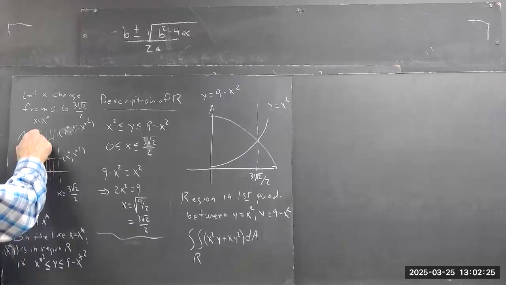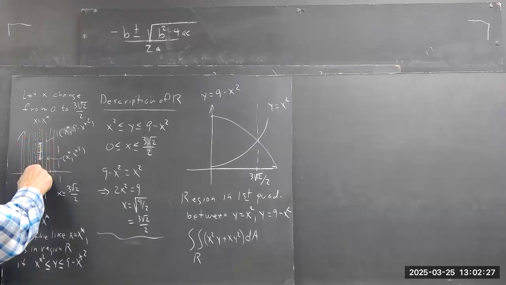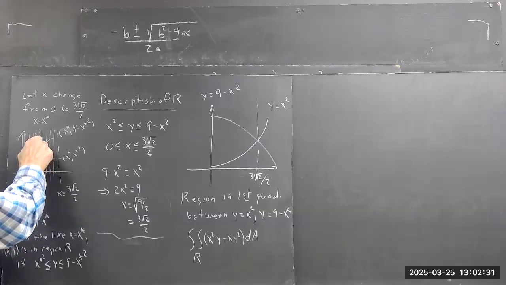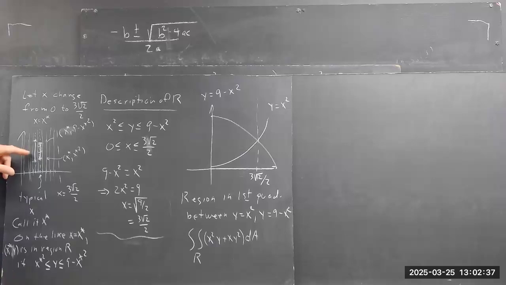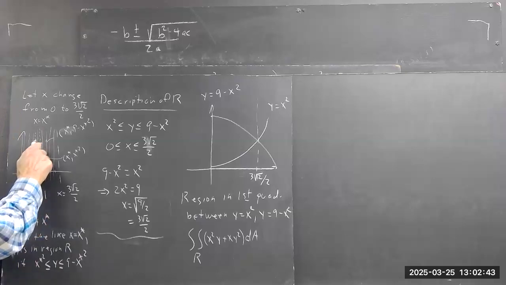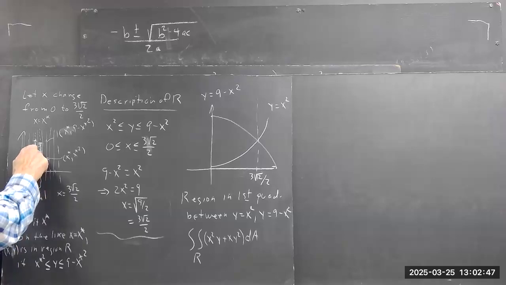Now, if I do that for every X, I can take a sample point within the interval. I can sketch the limits. I know what part of this line is within the region. And I can shade that.